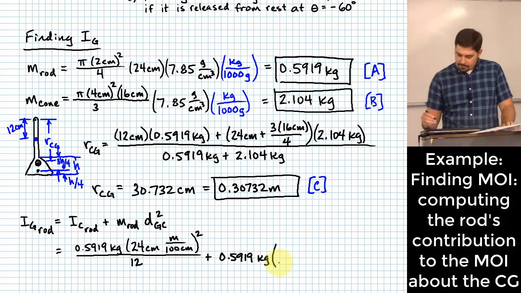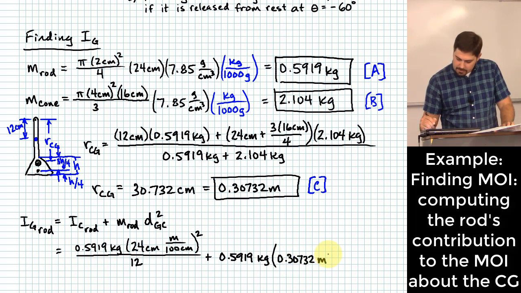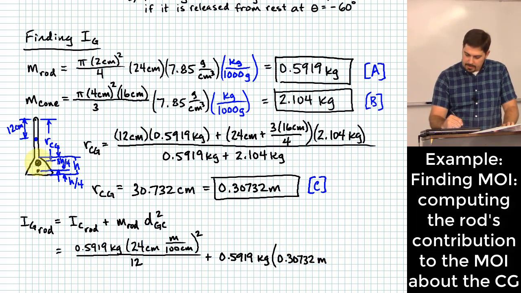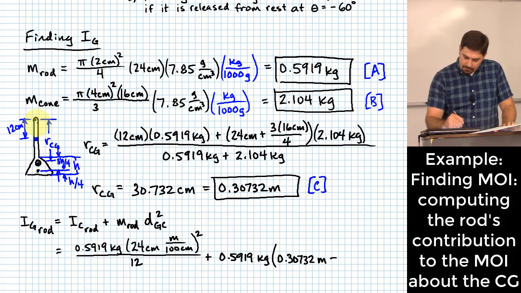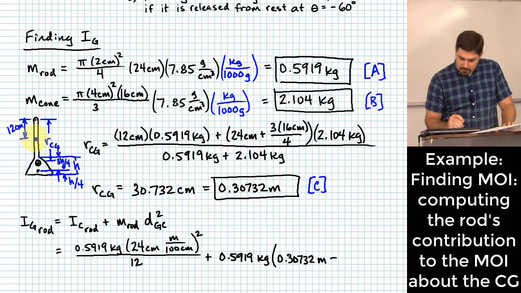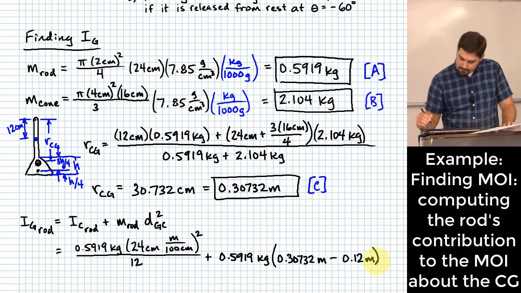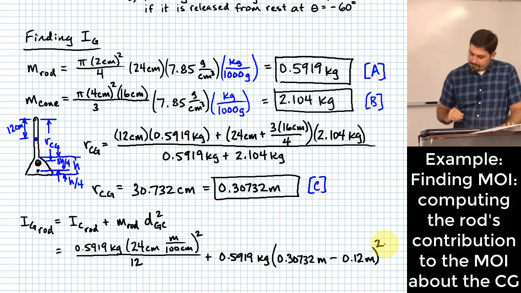This should be the difference between 0.30732 meters, which is how far it is from the pivot point to the CG of the whole thing, minus how far is it from the pivot point to the CG of the rod, right? Which is just going to be 12 centimeters. 12 centimeters is 0.12 meters. And that is going to be squared.